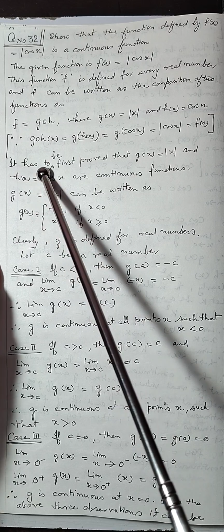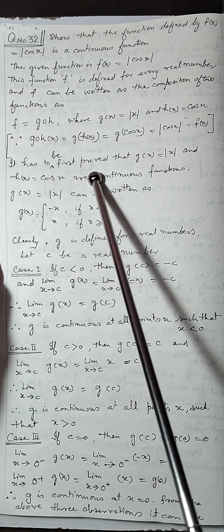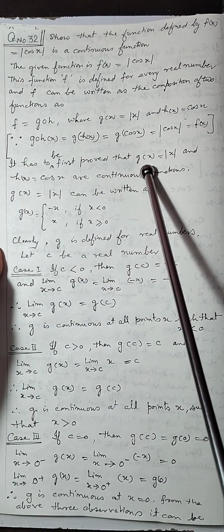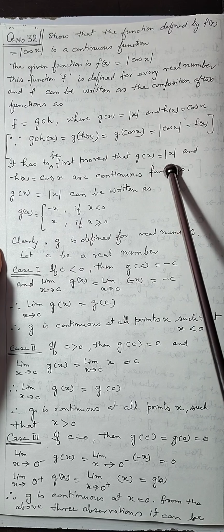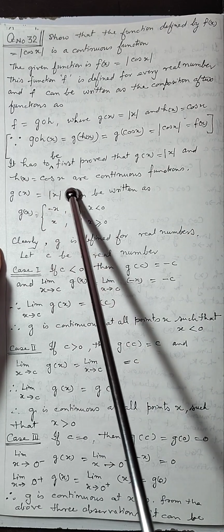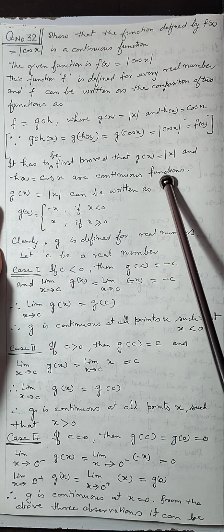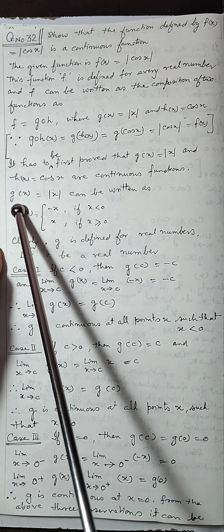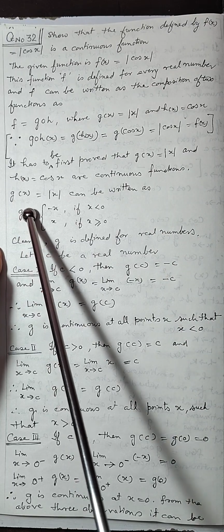It has to be first proved that g(x) = |x| and h(x) = cos x are continuous functions.